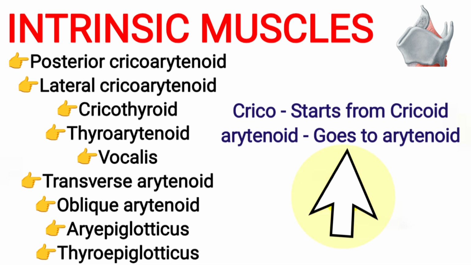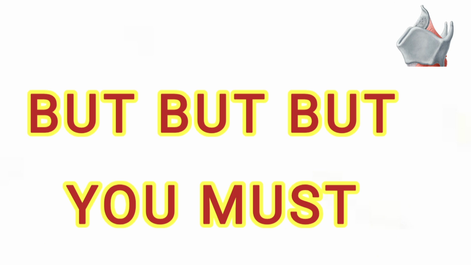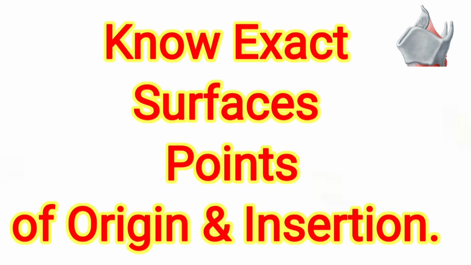So it starts from cricoid and goes to arytenoid. This is how you remember the origin and insertion of the muscle from the name. But you must know from exactly which surface and which point the origin starts and the insertion ends.